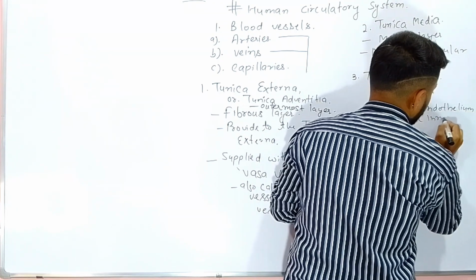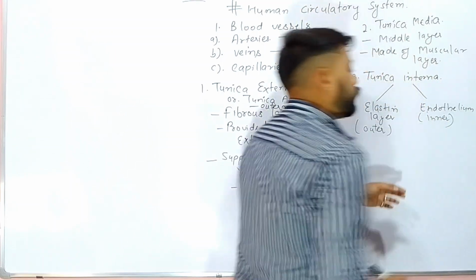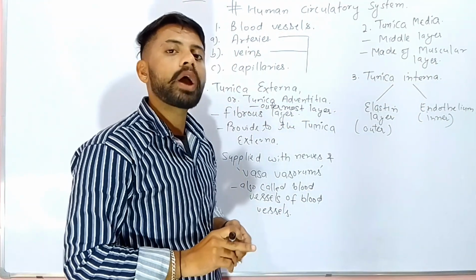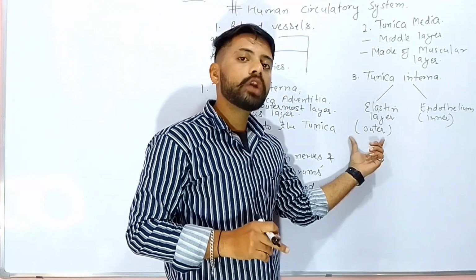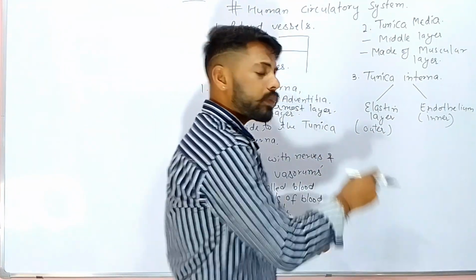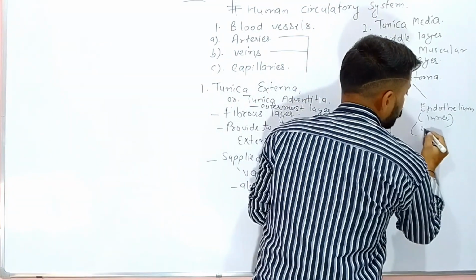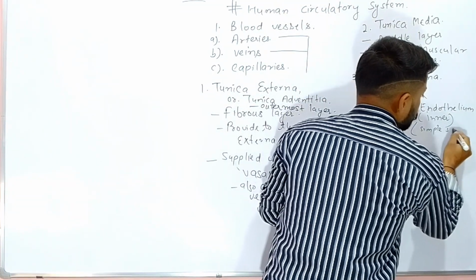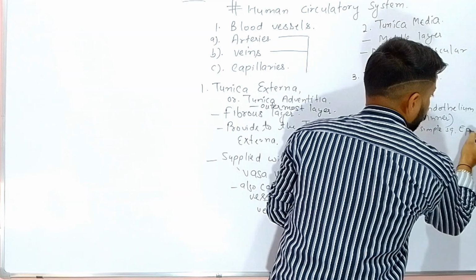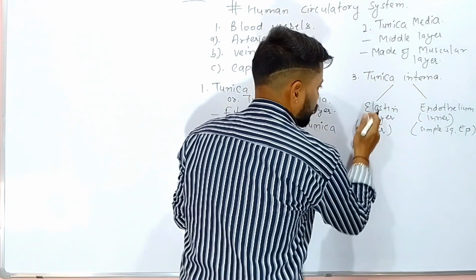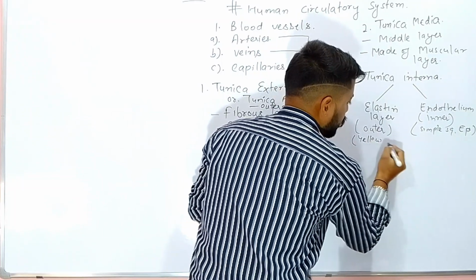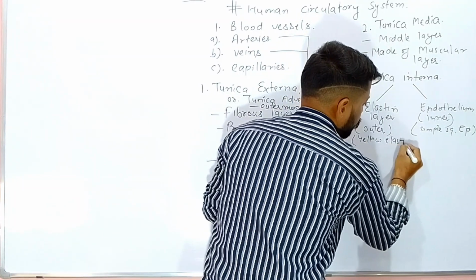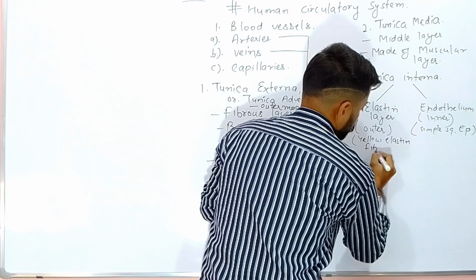Endothelium is made up of simple squamous epithelium, whereas the elastin layer is made up of yellow elastin fibers.